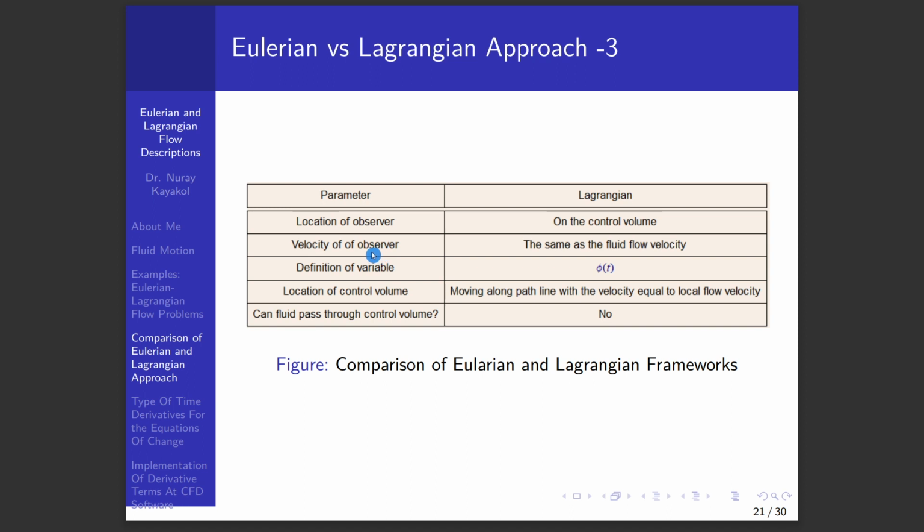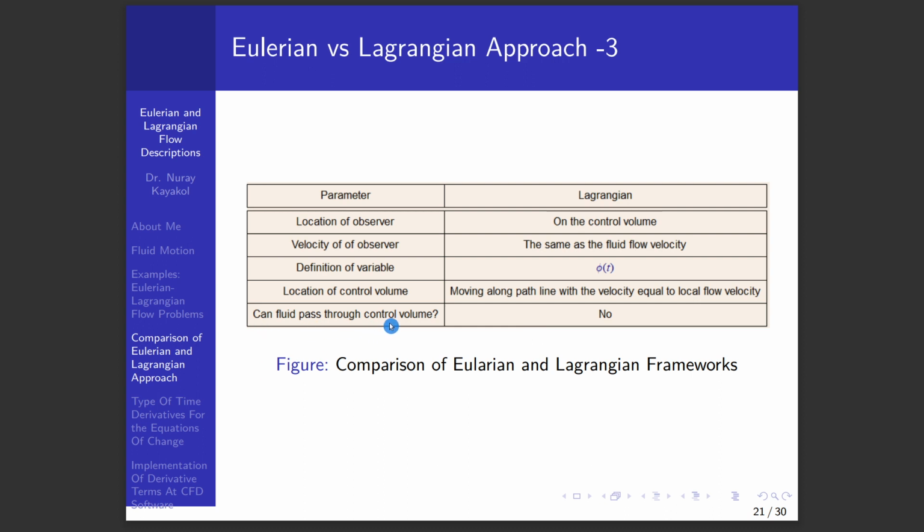If the observer moves with the fluid velocity, an observer on the control volume, that means the location of the control volume is moving along the path line with a velocity equal to the local flow velocity. This is obvious because both observer and control volume are not fixed, they move.